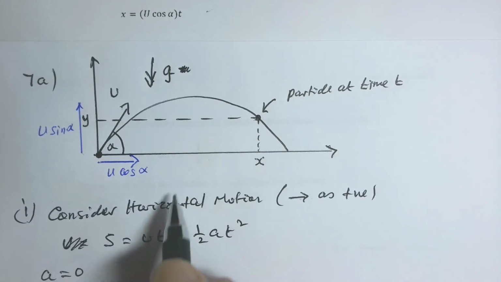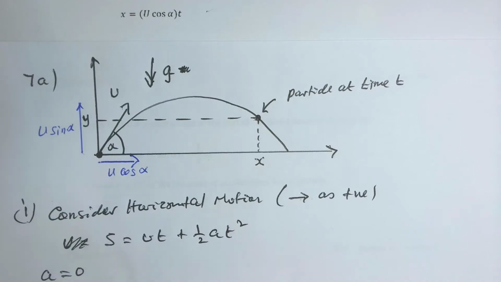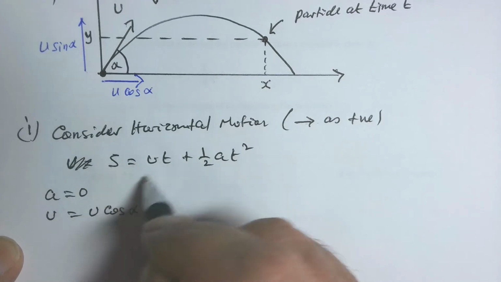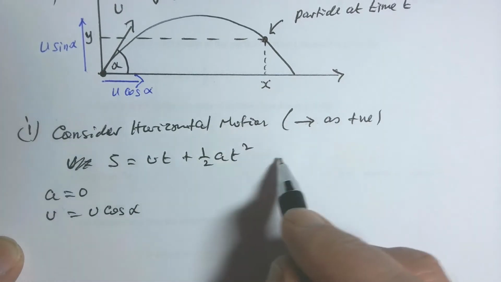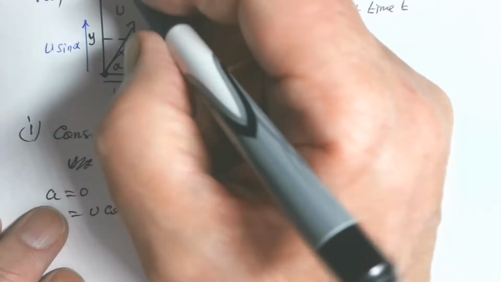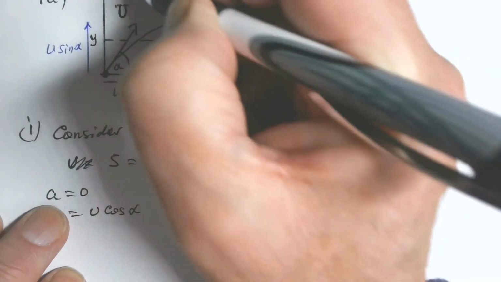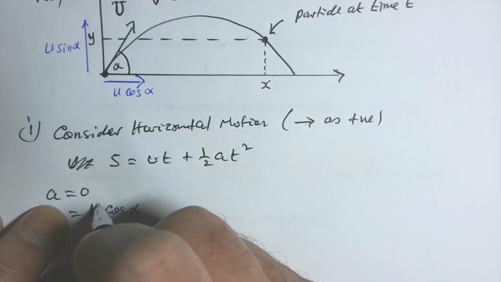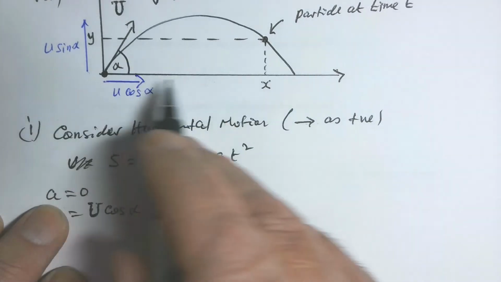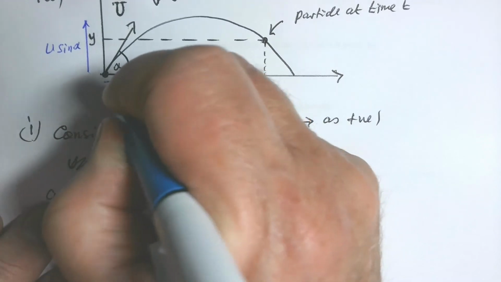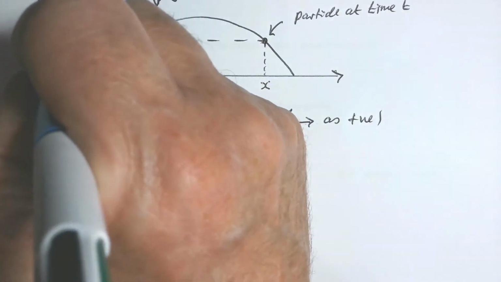The u is going to be u cos alpha. I know this looks a bit strange when you say u equals u cos alpha. What we're actually saying is that the u in the general SUVAT equation is the capital U, so these are capital U cos alpha and capital U sine alpha.